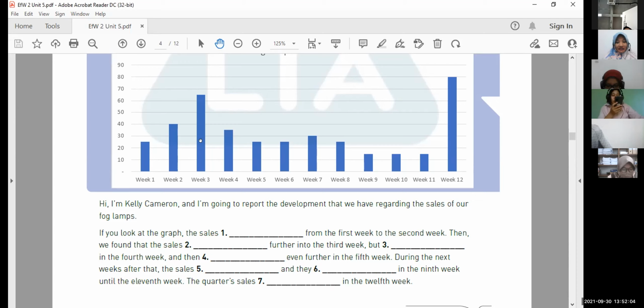You can see from number 3 and number 4, in the 4th week and 5th week, the trend is not going up, but going down like this. We can use dropped or fell for number 3 and number 4. It's already correct.